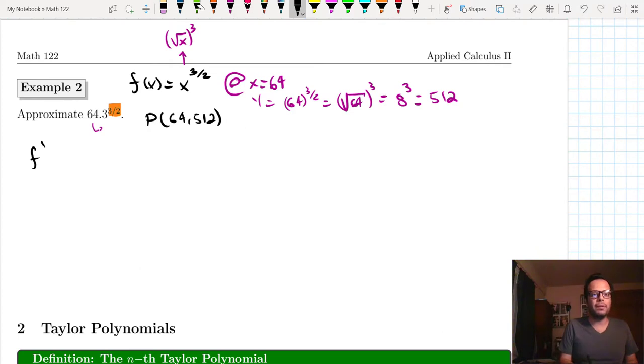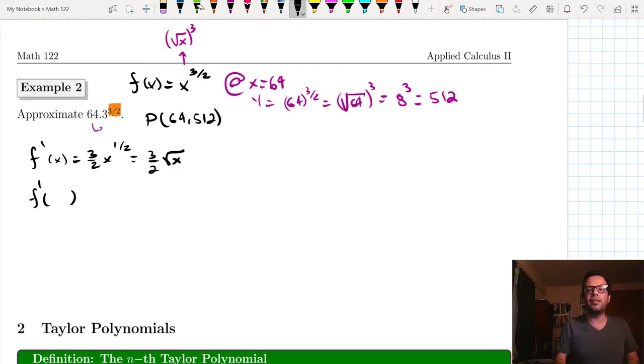Now we are going to look at the slope, and that's what we need ultimately. We take the derivative of the function: f prime of x equals 3 halves x to the 3 halves minus 1, that is 1 half. Let's write it in radical form to simplify our calculations, and we get square root of x in this case. So f prime evaluated at the x value of the point that we want the tangent line for, which is 64.